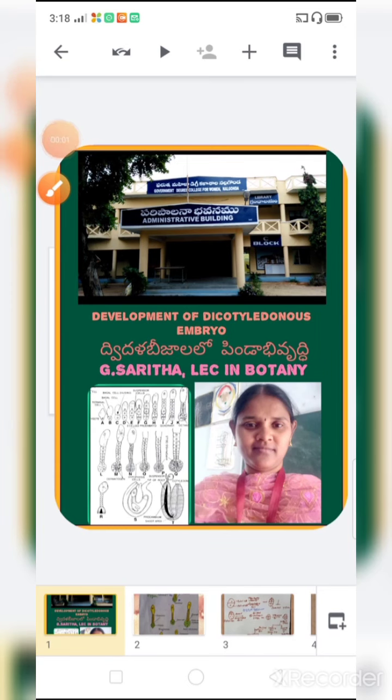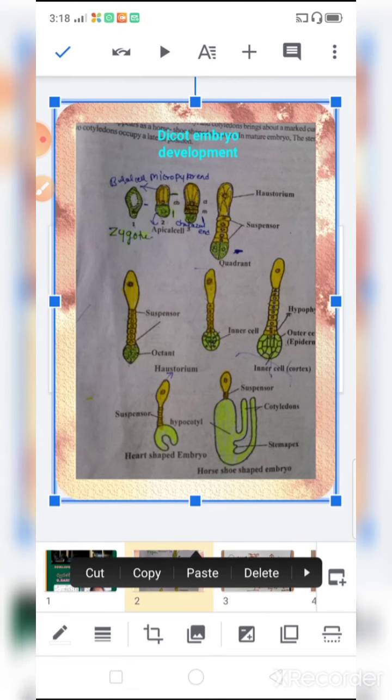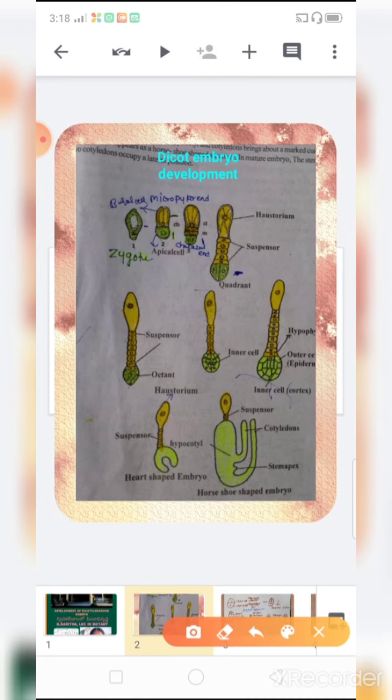The Vanagra type or crucifera type represents a typical dicotyledonous type of embryo development.